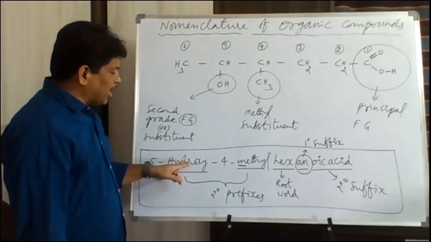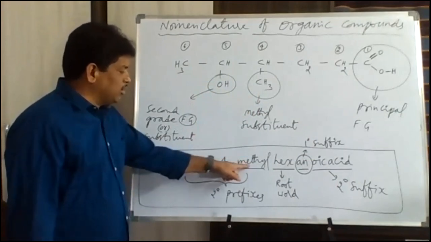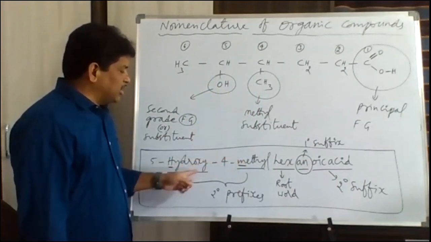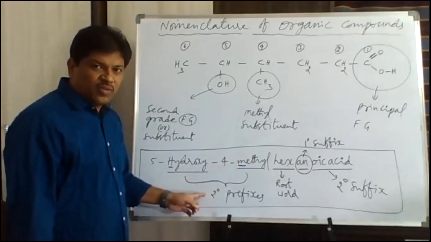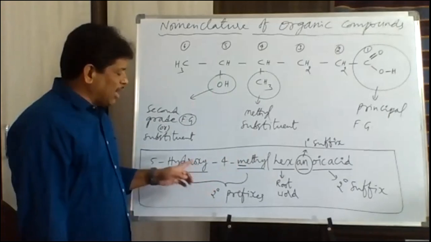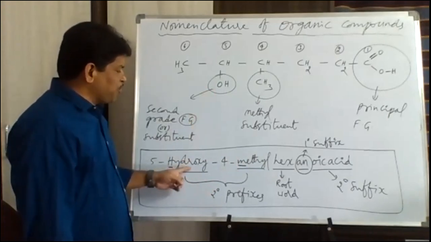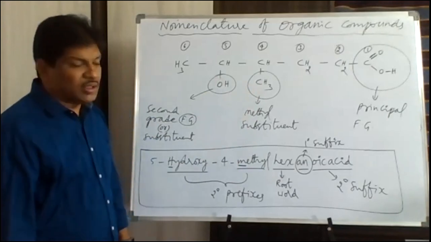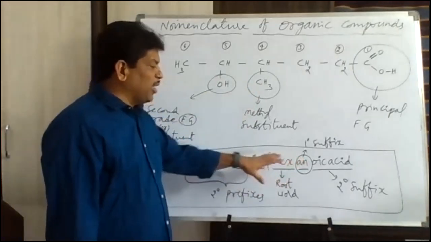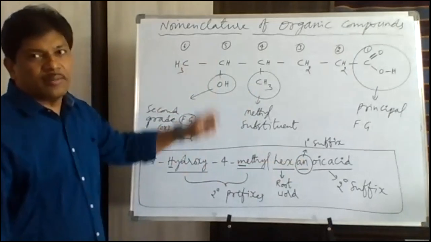So hydroxy and methyl, these two names, come under secondary prefixes. Hydroxy is for the OH substituent, methyl is for the alkyl substituent. So this is the IUPAC name of the given structure.